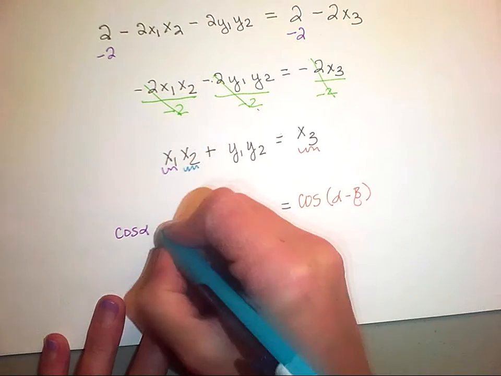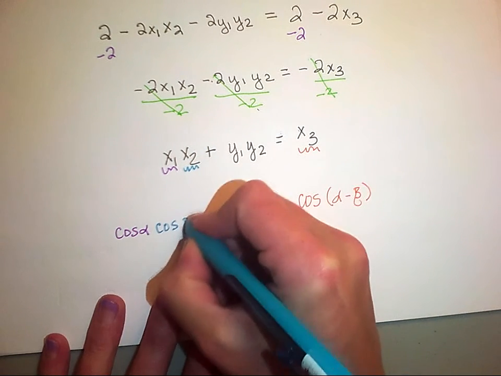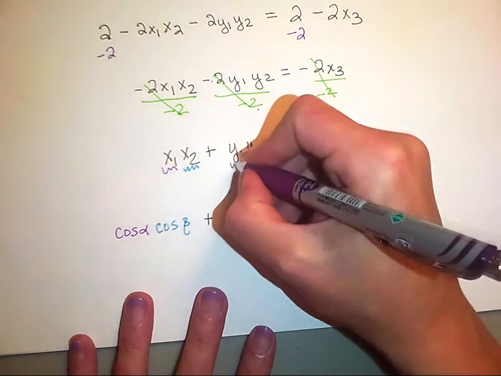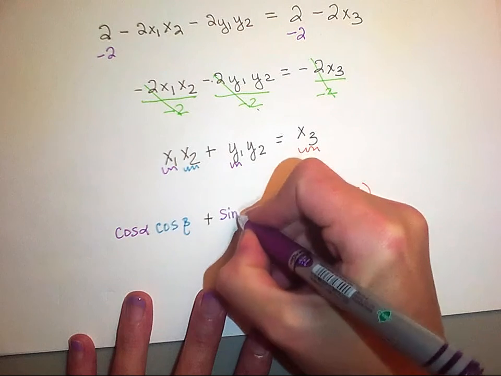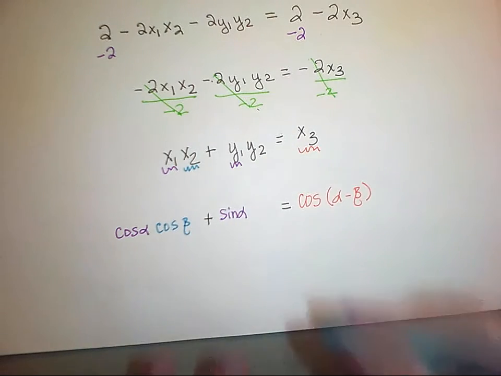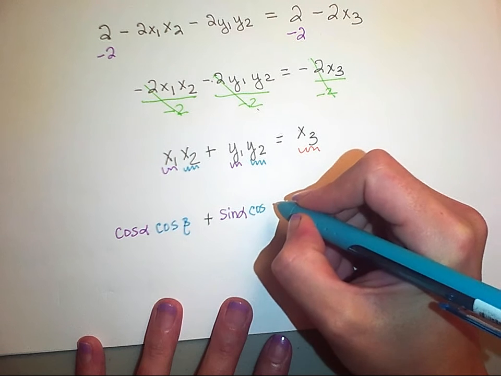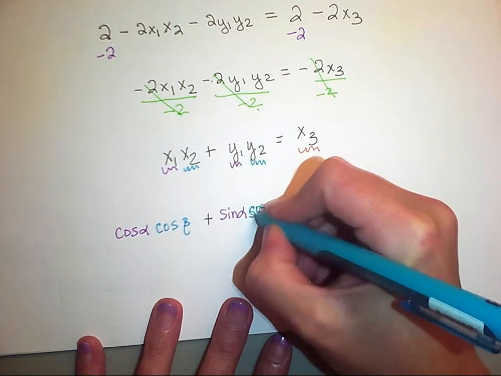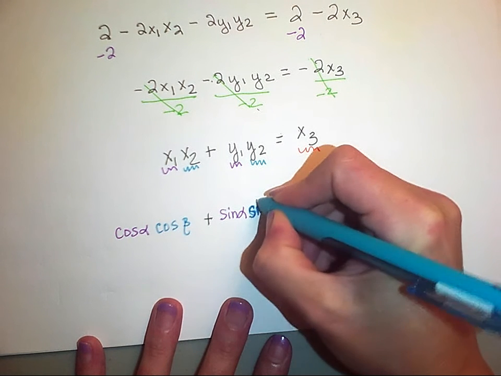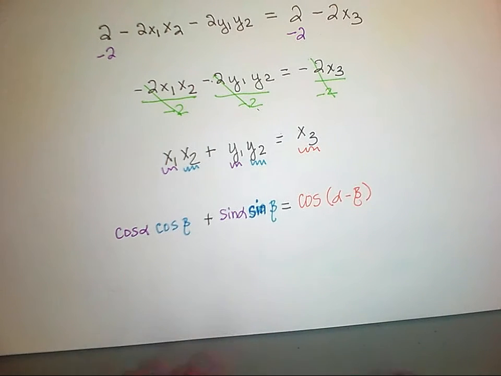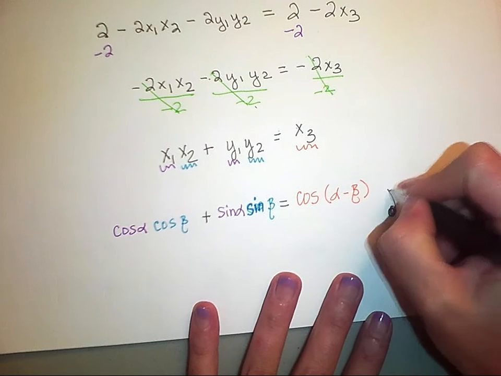X2 was the cosine of beta. Then the plus from the formula. And the y1 is the sine of alpha. And the y2 is the sine of beta. And that's it. We've proved this. Ta-da!